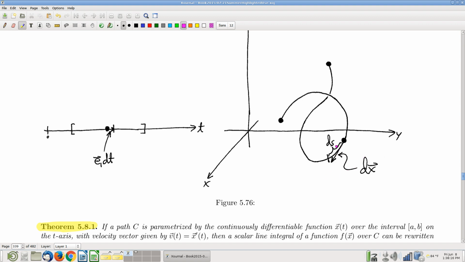Notice that this is a familiar situation. We have an input vector. My little input vector there is in the E1 direction. Well, of course it's in the E1 direction. We only have one direction on the t-axis, so I just put E1 just to make it a vector. And the length is dt. So E1 dt represents my input vector. I want to know what is the corresponding output vector.